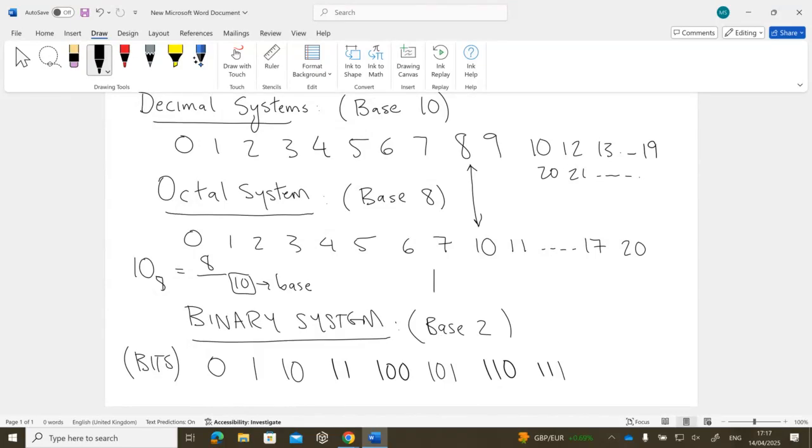Let's do one more. 1000. Very good. So if you think about it, 1 2 3 4 5 6 7 8 9. So 1000 is actually 8, so when you're in your computer, when you press 9, the computer understands 1001.